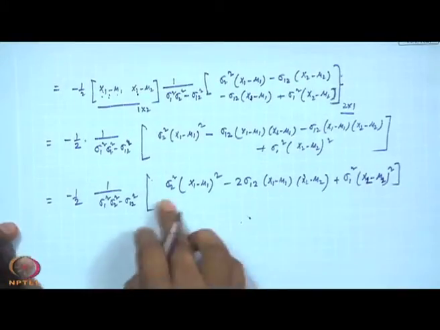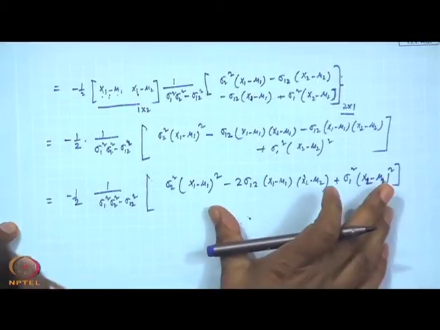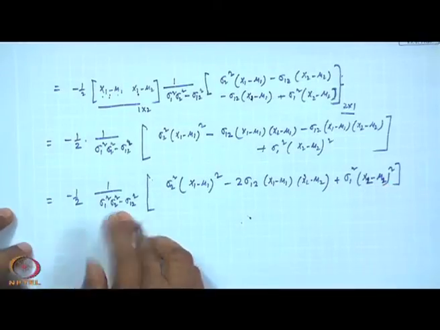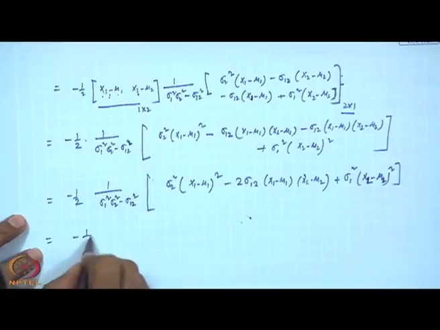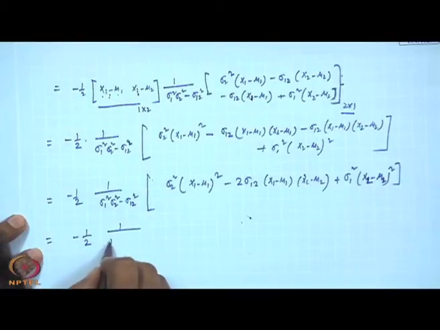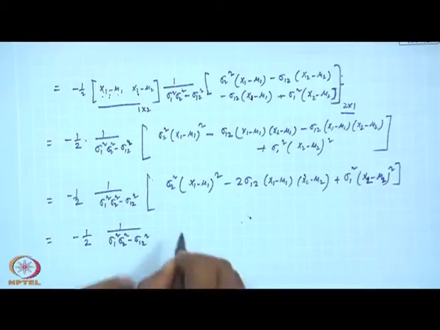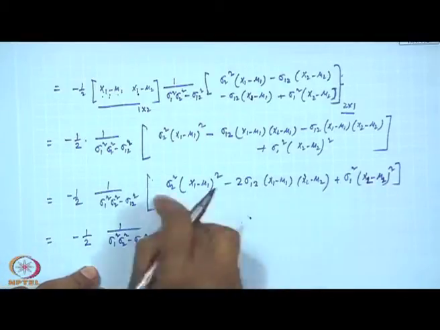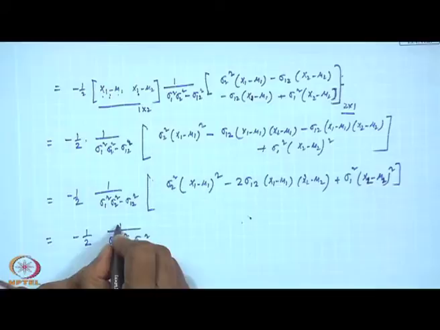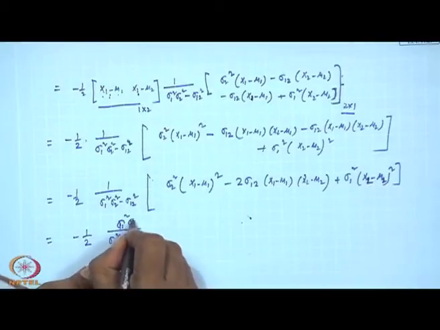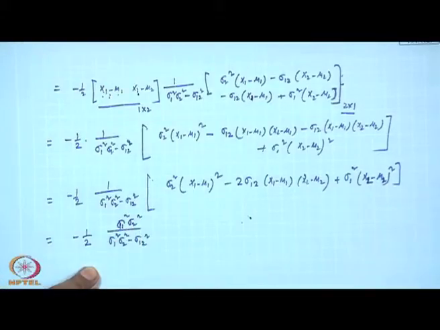If you divide the within-bracket quantity by sigma 1 square and sigma 2 square, what will happen? I am dividing the entire thing by sigma 1 square and sigma 2 square, taking it common.